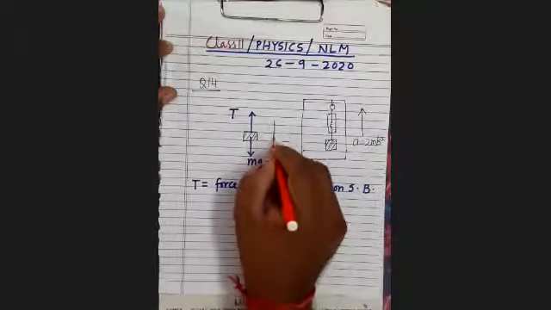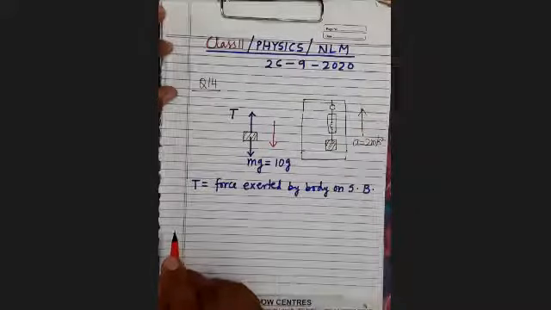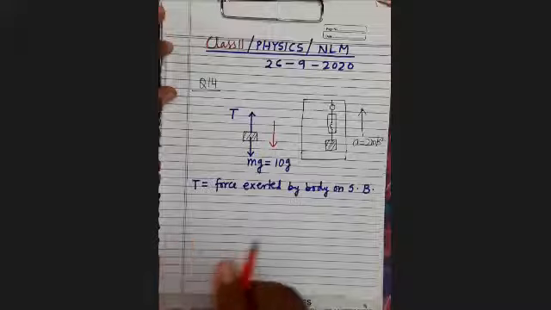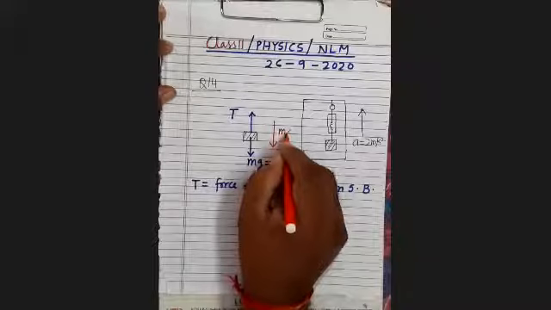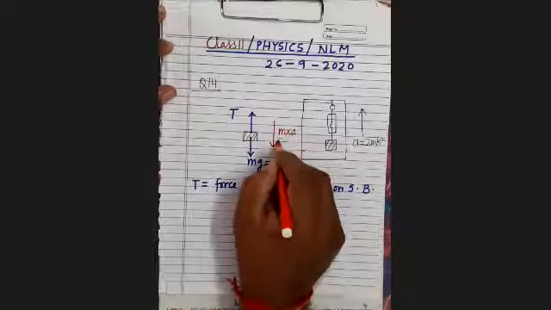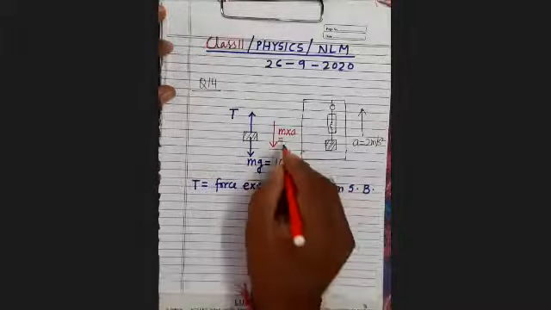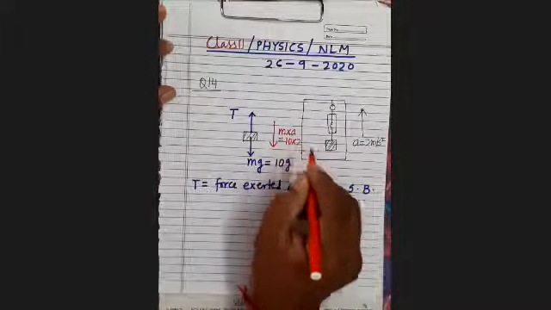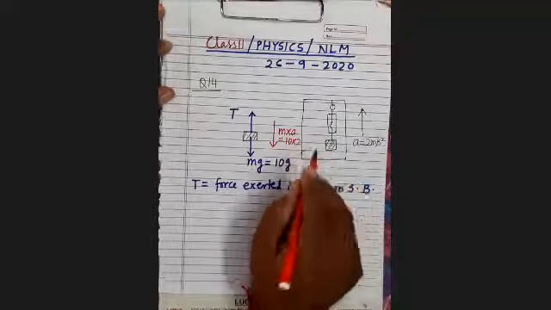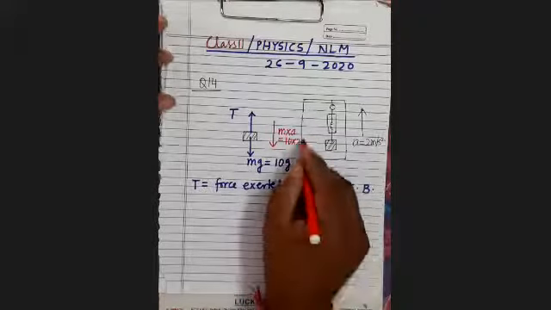In the downward direction, opposite to the direction of acceleration. What will be the magnitude? It will be m into a, that is equal to 10 into 2. It's clear? In Newton it will be this much.